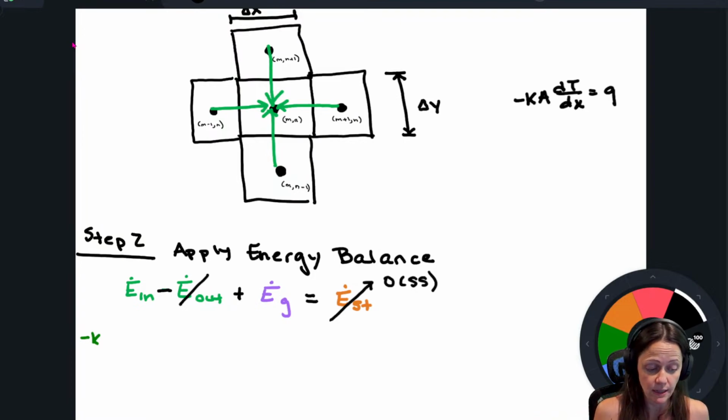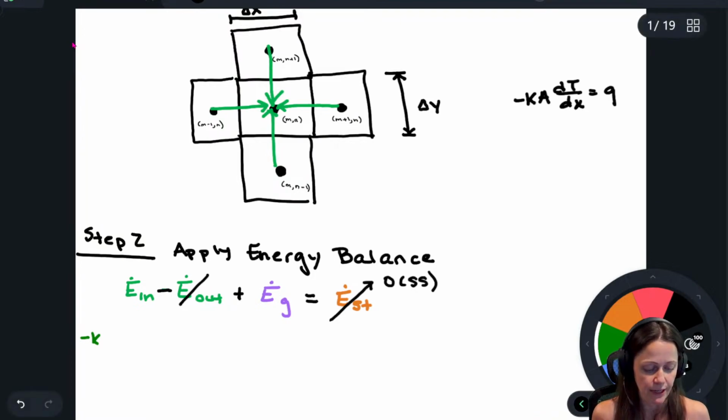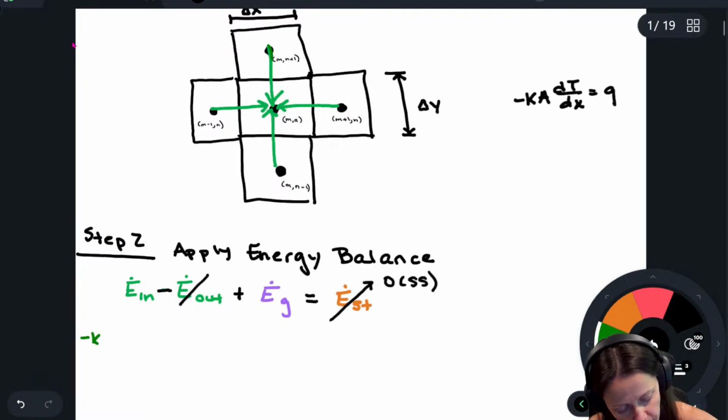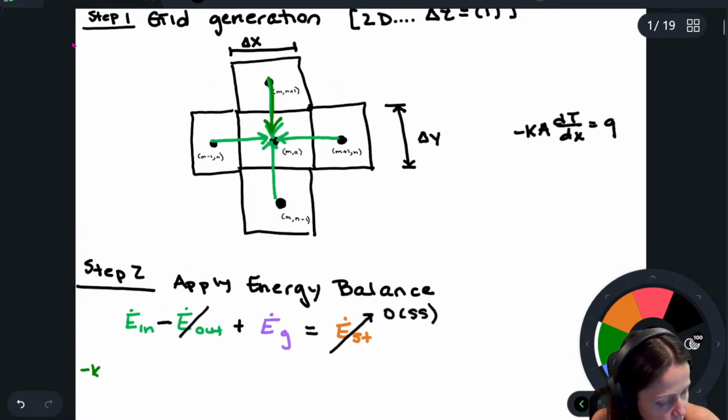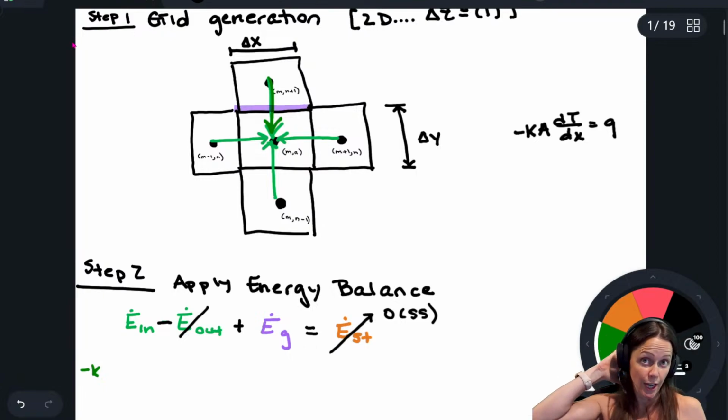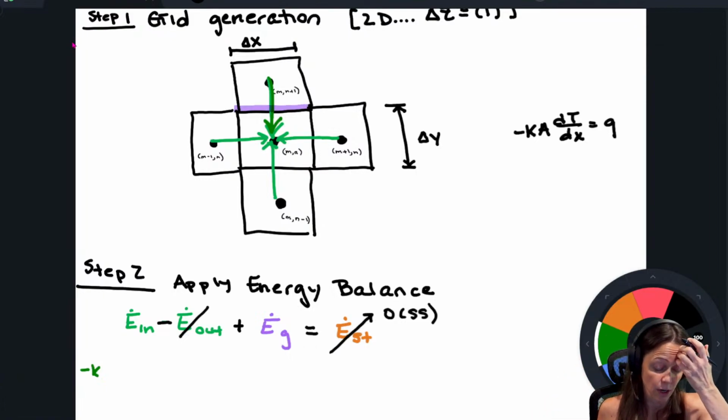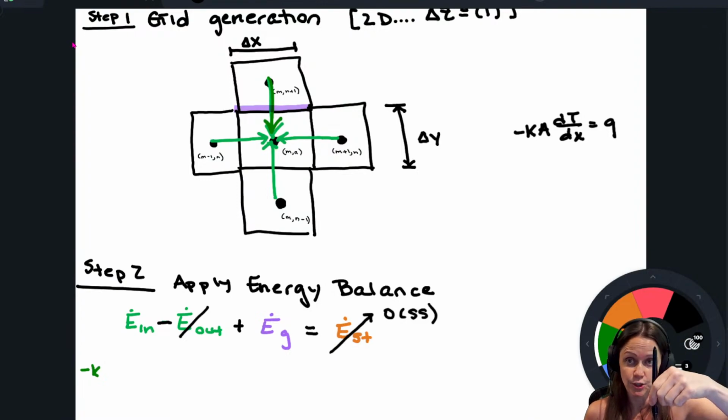So I've got the negative k, and then I need the area. The area through which this goes is this area right here, the cross-sectional area perpendicular to that vector going down.